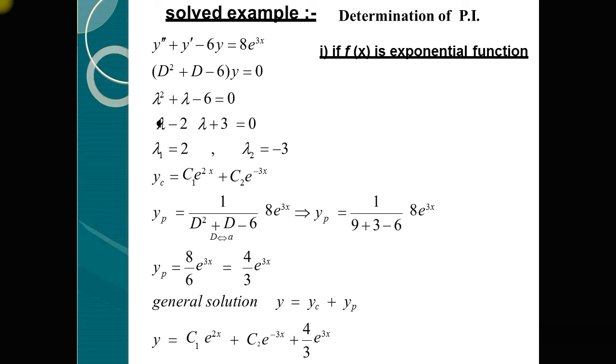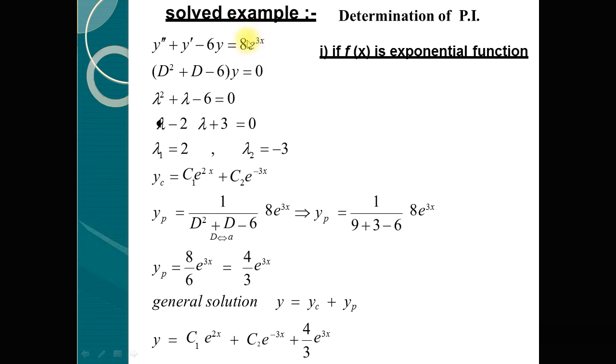So the question is how to find the particular solution. The particular solution depends on the different types of this function f of x, the right hand side function of this equation. When the right hand side function is in the form of an exponential, how to find the particular solution?